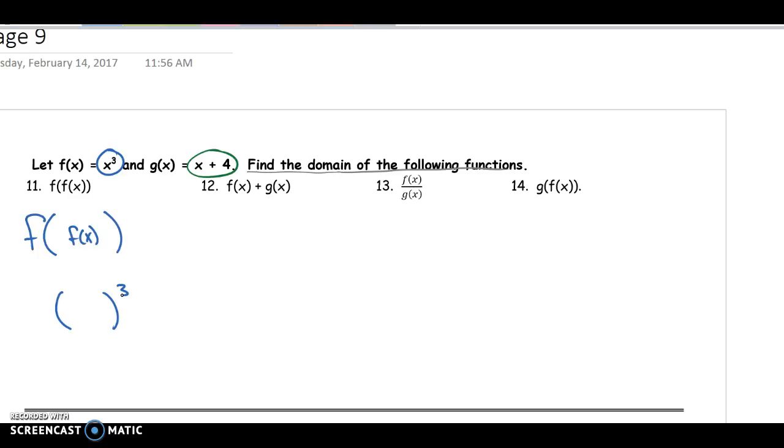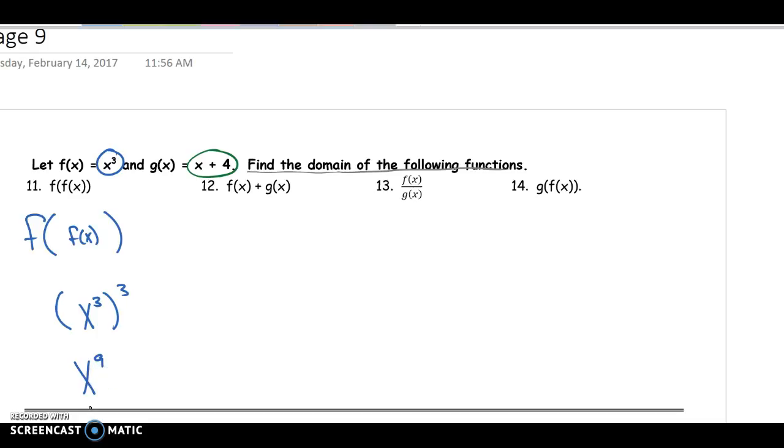We are going to plug the f function into that, so we put x to the third inside. Now we need to simplify. If there are parentheses with exponents, what do we do with the exponents? Multiply them. x to the third, to the third, is x to the 9th.